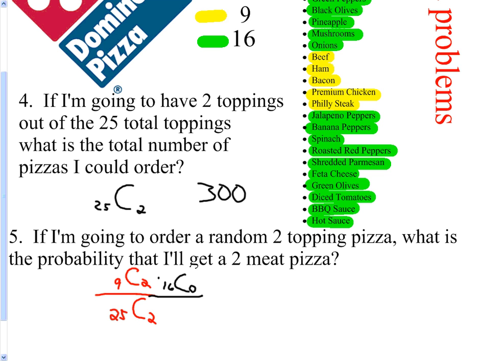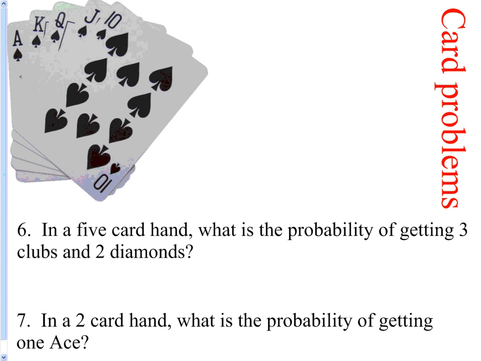Then this will balance, because this plus this should always equal that, and this plus this should always equal that. You remember that now? Look for that when you're setting up probabilities where there's stuff on the top and stuff on the bottom. They'll balance. It's a really smart way of checking your work. It'll happen again on the card problems.